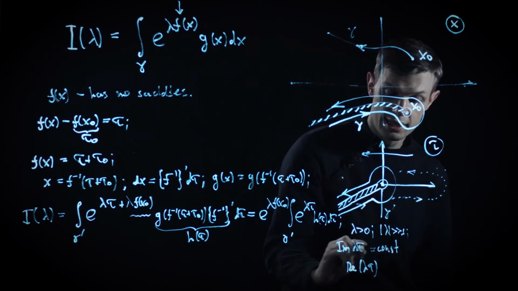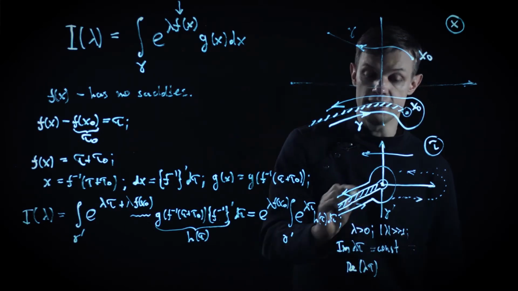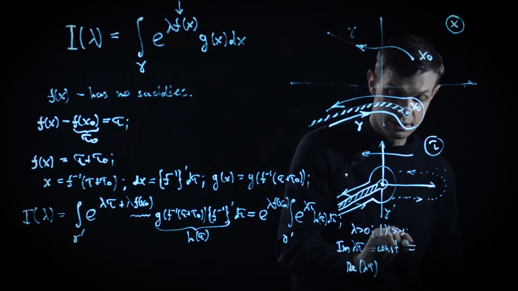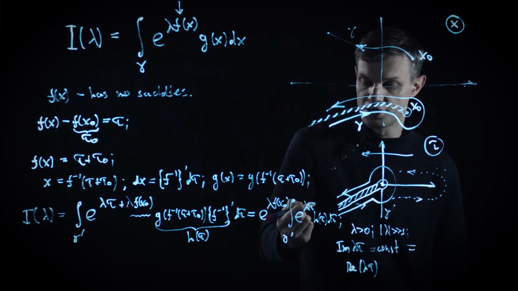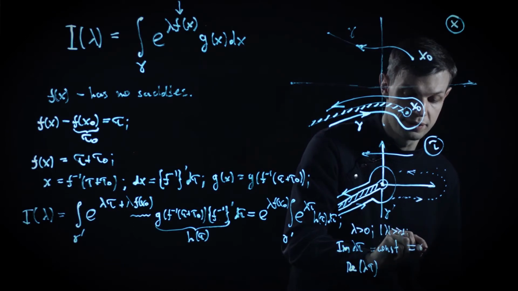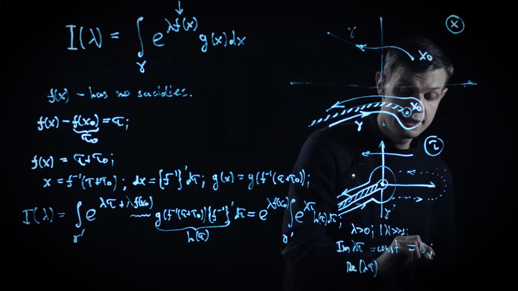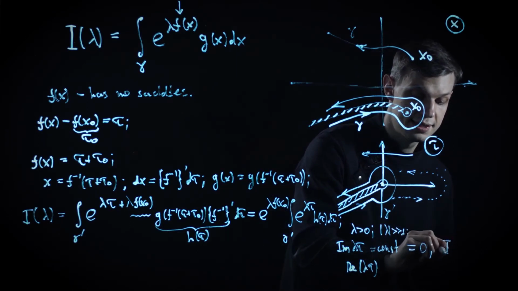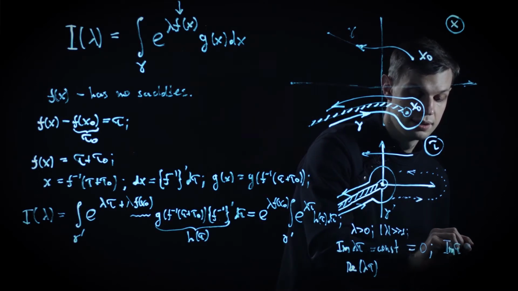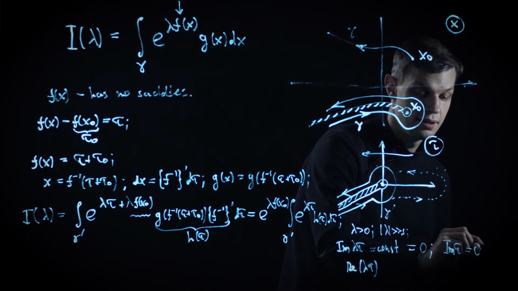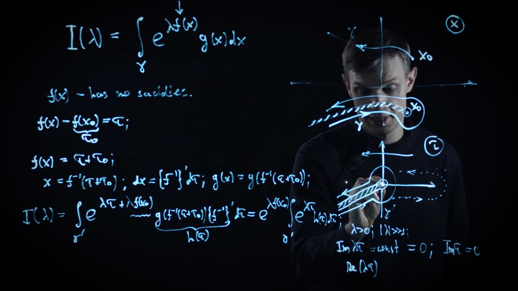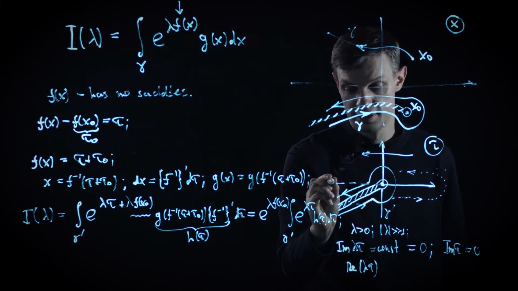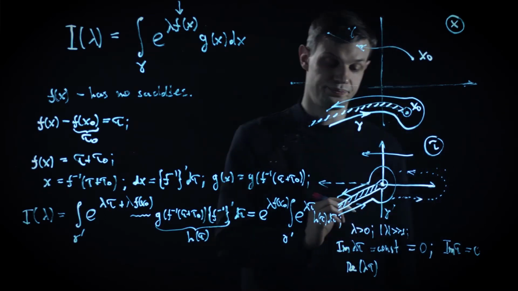At the point t equals 0, the imaginary part of the whole exponent function is 0, and as a result, the steepest descent line is this.